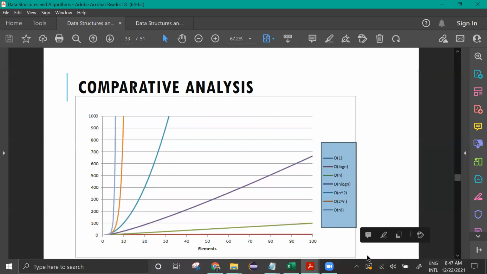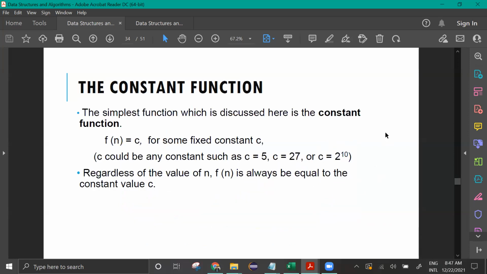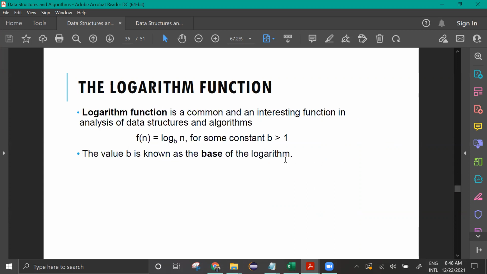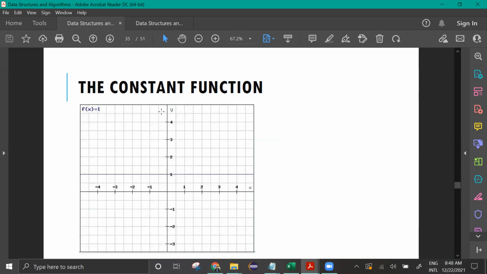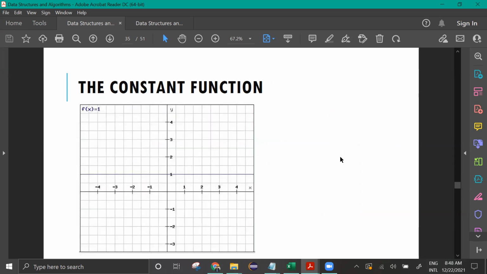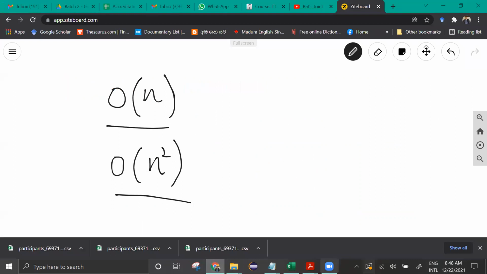In big O notation we use different functions, right? This is where we stopped last week, and today we are going to continue from there to discuss each of these functions. I asked you to study these things. I don't know whether you have done that, but I'm going to ask some questions based on these functions, right?